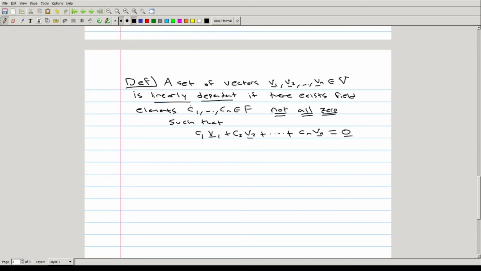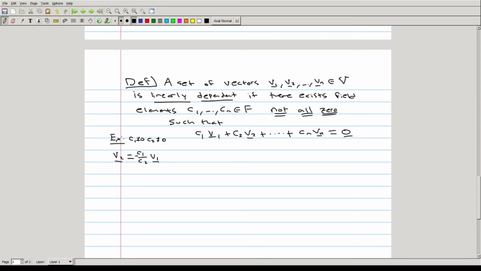So if C1 is non-zero, C2 is non-zero, and the rest are 0, then you can express the vector V2 as being equal to C1 over C2 times -1 times vector V1.